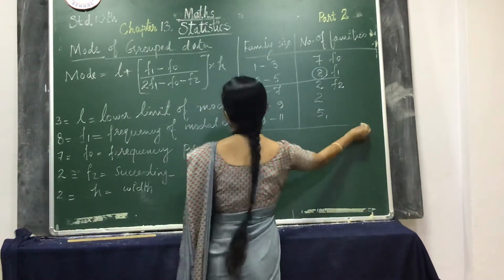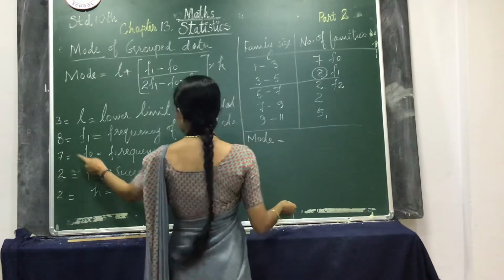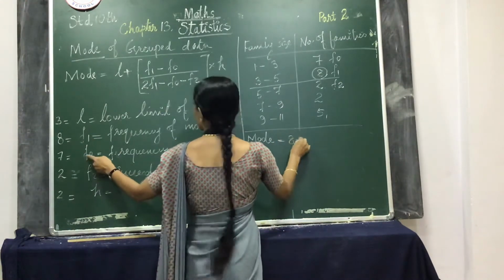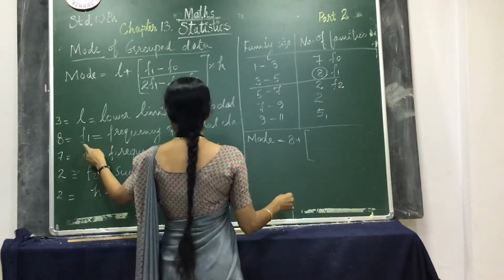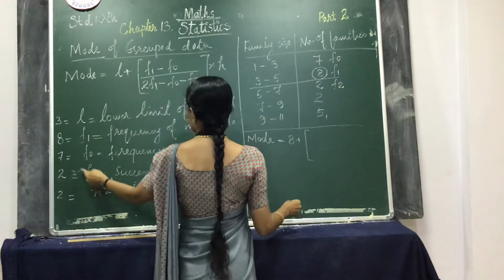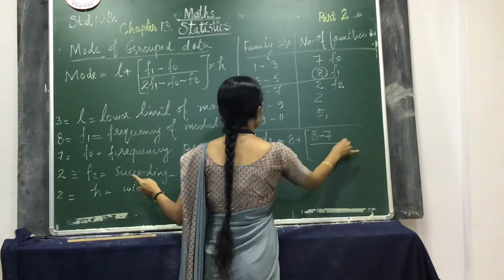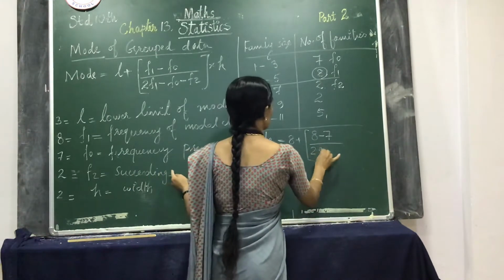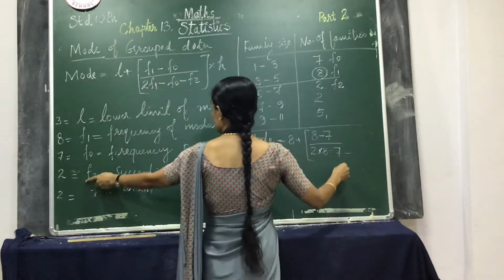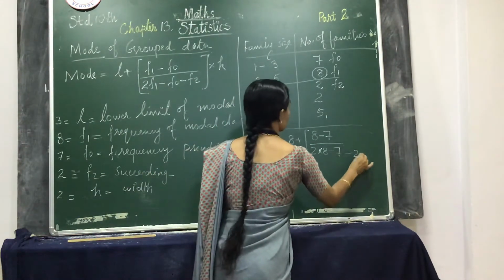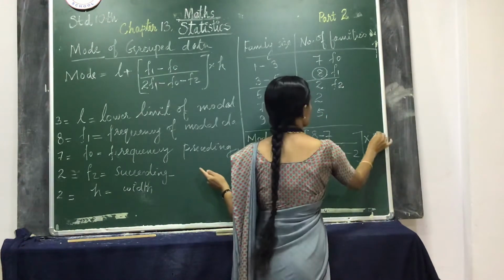Mode is equal to L plus (F1 minus F0, that is 8 minus 7) divided by (2 into 8 minus 7 minus F2, that is 2) into the width of the class interval, which is 2.